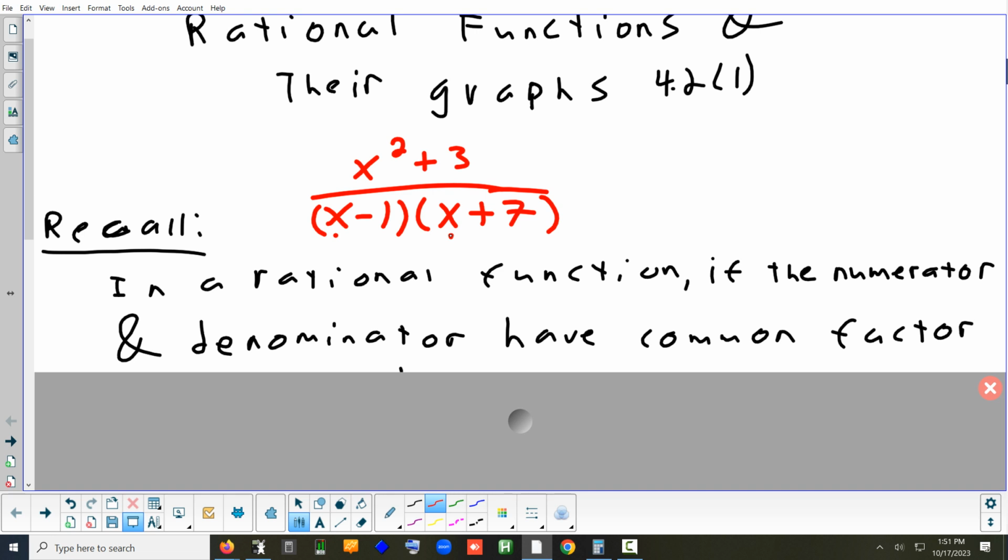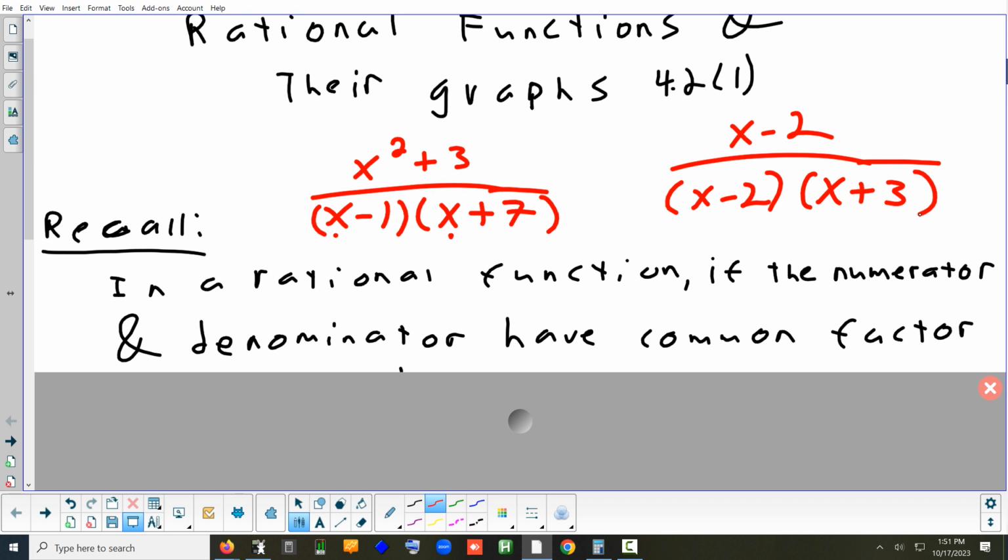What if you did have a common factor? Let's say you graph x minus 2 over x minus 2, x plus 3. You're going to get a vertical asymptote at negative 3. But at 2, you're not going to get a vertical asymptote. You're going to have a horizontal, not a horizontal asymptote. This is something different. Something you can't see on the graph.